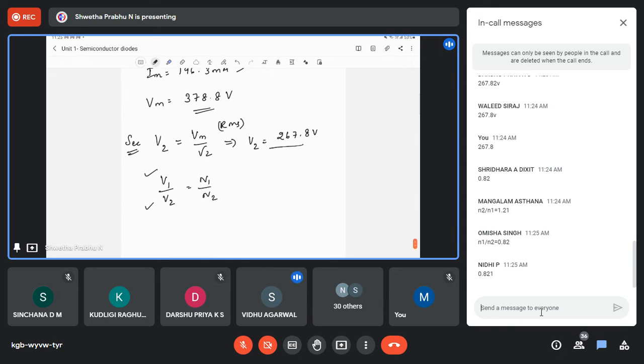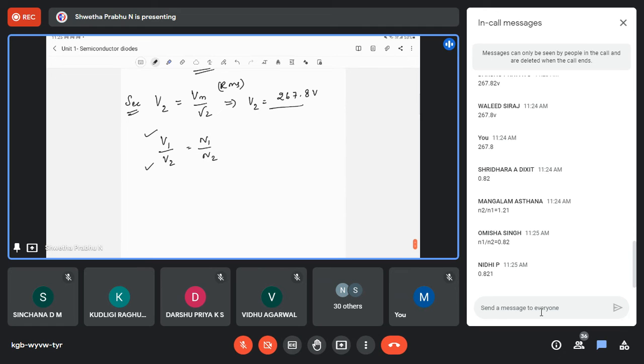Guys, one more thing. We have to find the RMS value for both. V2 you calculated, that is 267.8 you got. Can you tell me the RMS value of V1?